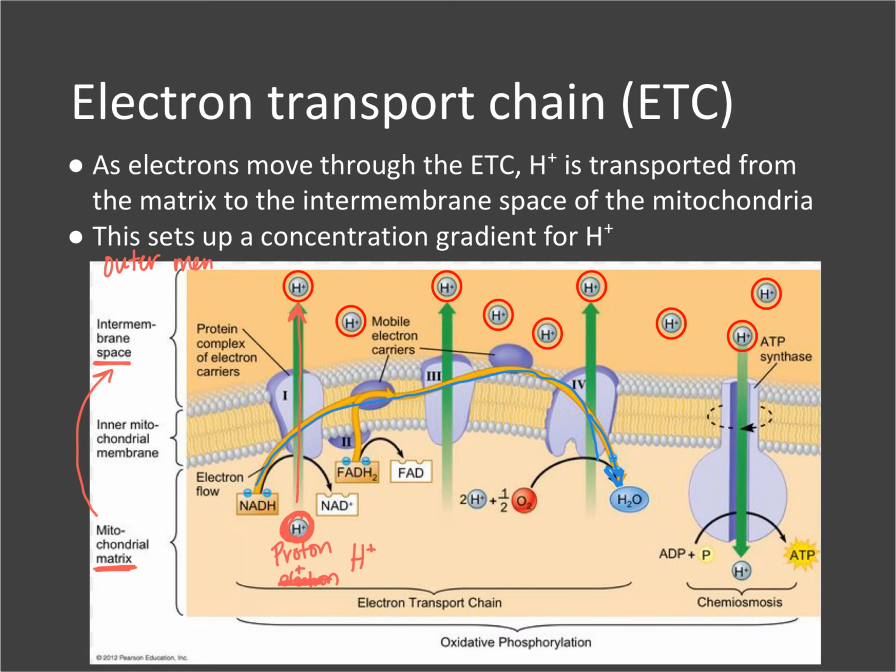Ultimately we end up setting up a concentration gradient for hydrogen. We end up with a whole bunch of hydrogens in the intermembrane space, and not as many down here in the matrix, because all of the ones in the matrix are getting pumped out to the intermembrane space.